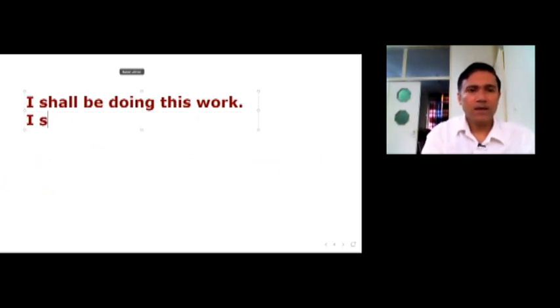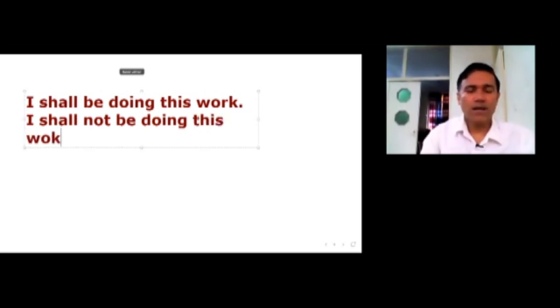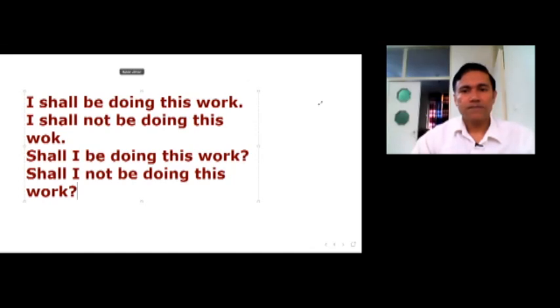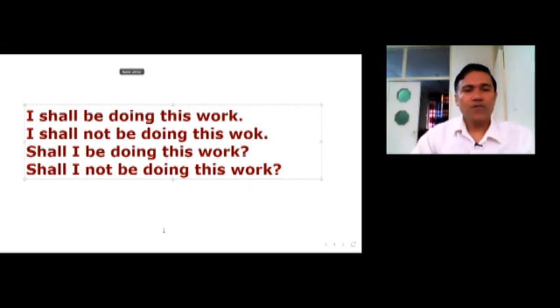I shall not be doing this work, and then shall I be doing this work, then shall I not be doing this work. So I have shown you the four structures to make sentences in future continuous tense.